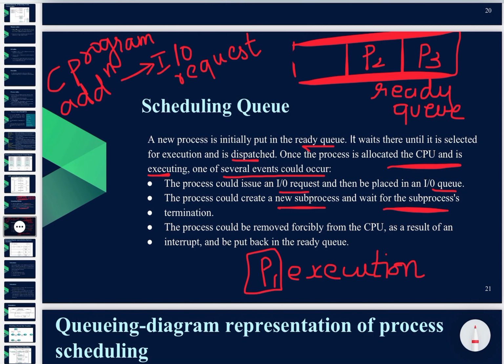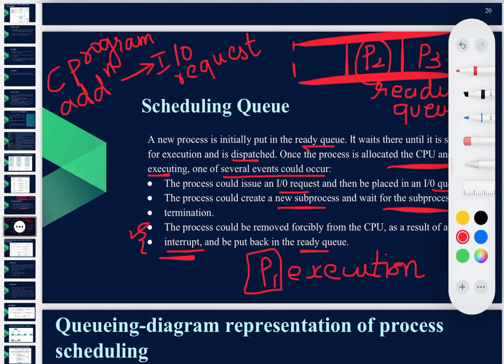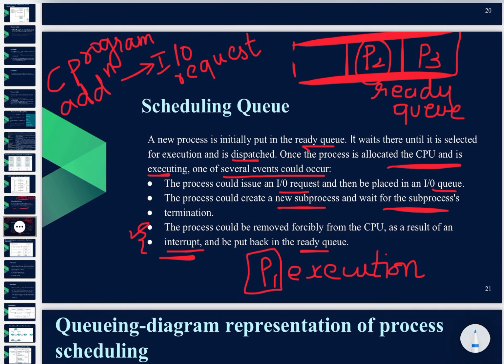The process could be removed forcefully from the CPU as a result of an interrupt and be put back in the ready queue. So because of some kind of interruption, that process can be forcibly removed from the CPU and put inside the ready queue. Suppose there is another process, say P2, and P2's execution is more important. What will happen?